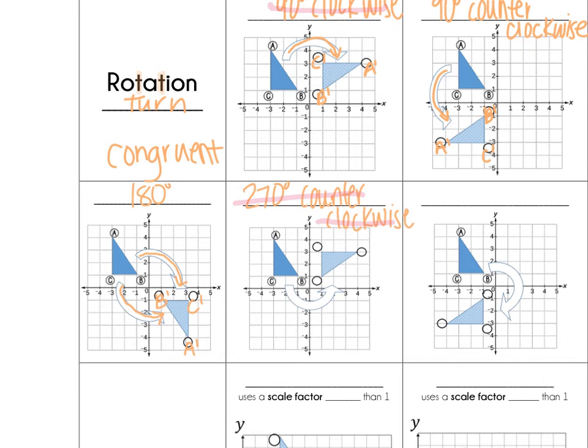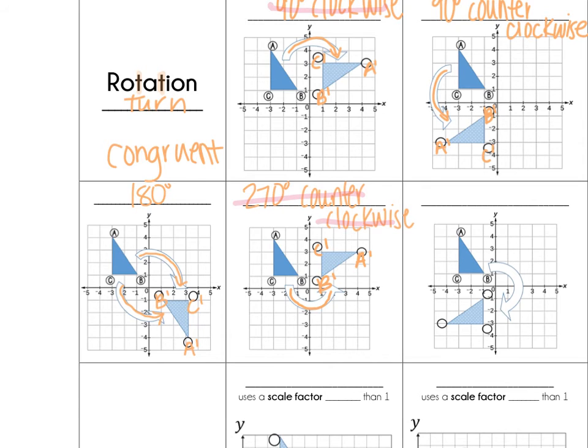So you could pick either one if you had to choose. It will be the same thing. And you still name it the same. A prime, C prime, and B prime. So that's 270 degrees counterclockwise.